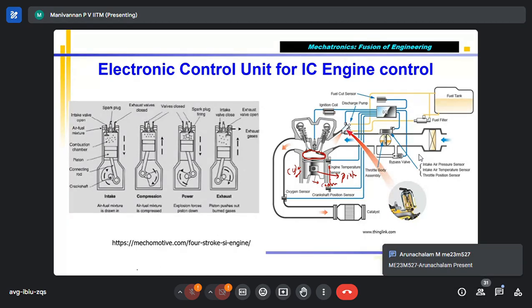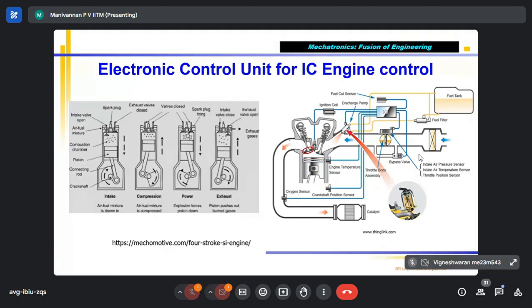Then you have this, called the inlet port, and this is called the exhaust port. I can call these IP and EP.